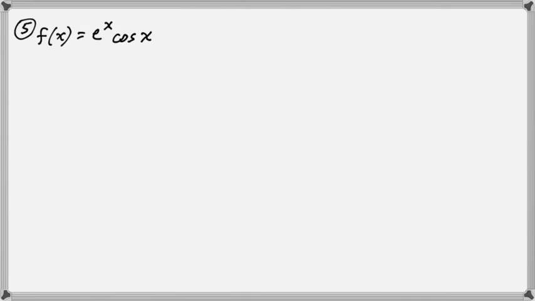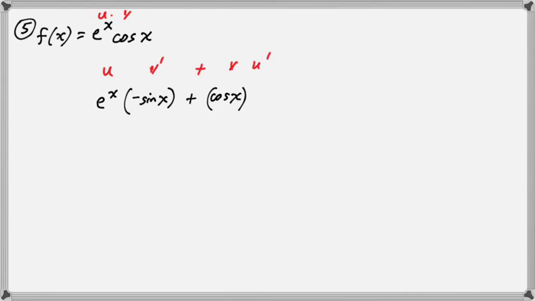Okay, 5 is another derivative, and it's another product. So it's u times v becomes u v prime plus v u prime. So you bring the first one down, times the derivative of cosine, which is negative sine, plus bring the cosine down, and what's the derivative of e to the x?